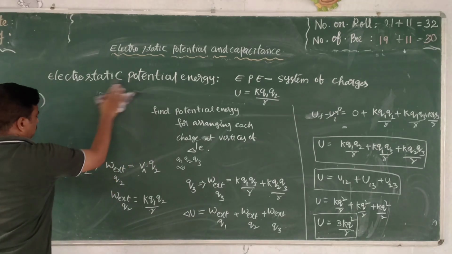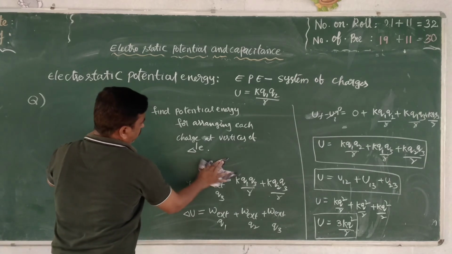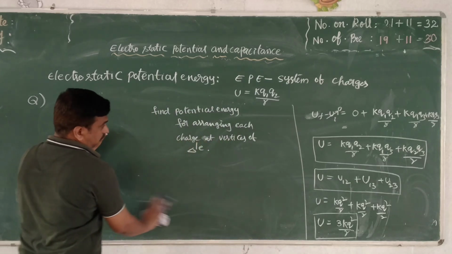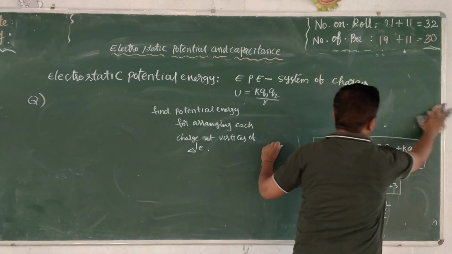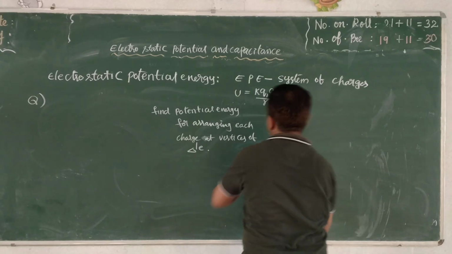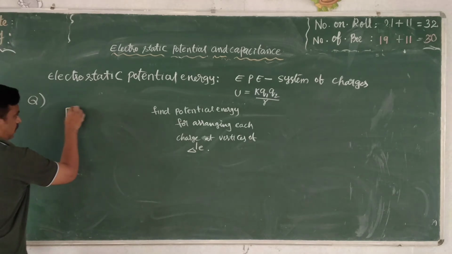Next problem: what is the potential energy for arranging four charges at the vertices of a square? I write a square here.